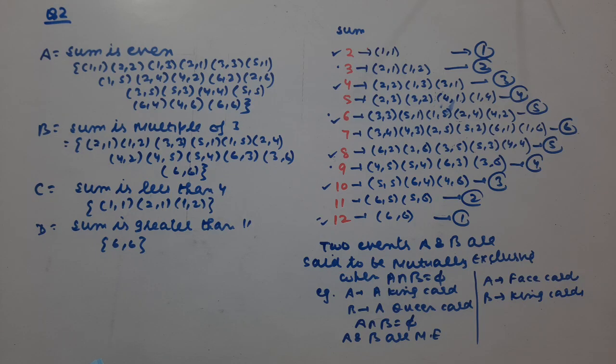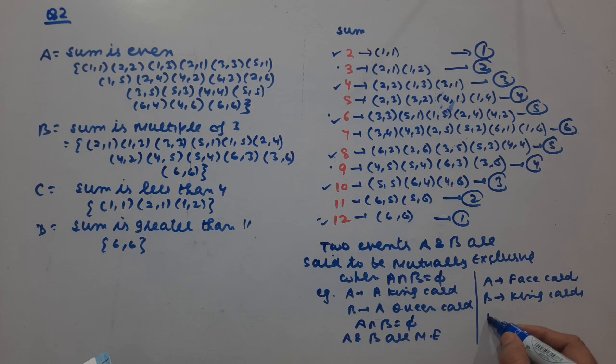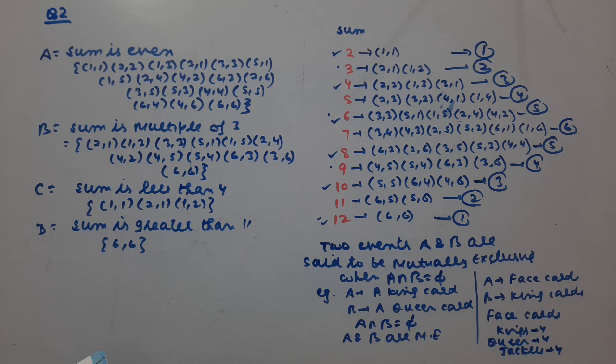We know that there are 12 face cards. The face cards are kings, queens and jacks: 4 kings, 4 queens and 4 jacks.